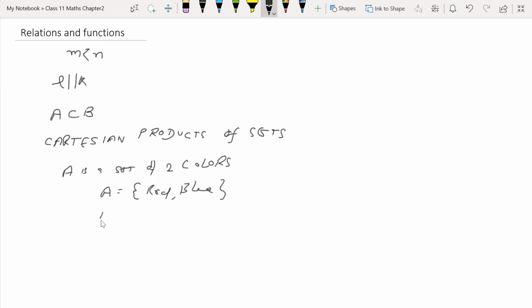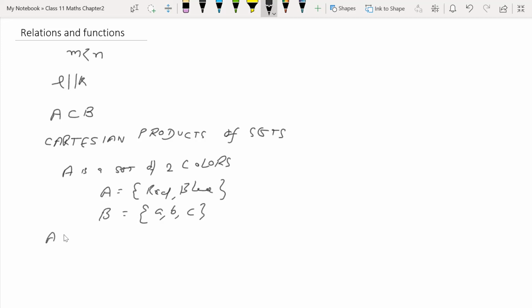And another set B has three objects: a, b, and c. Then the Cartesian product of these sets means how many pairs of colored objects can be made through this.